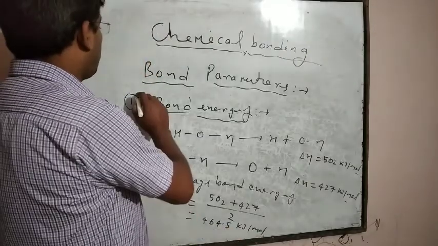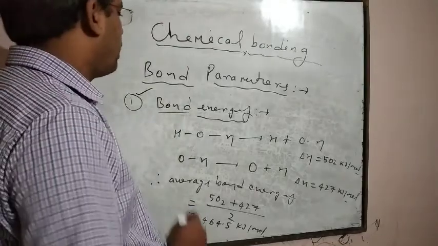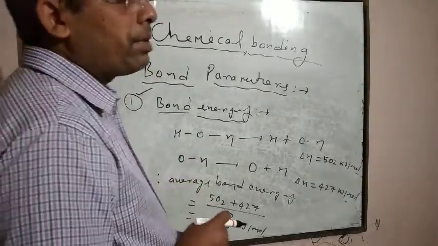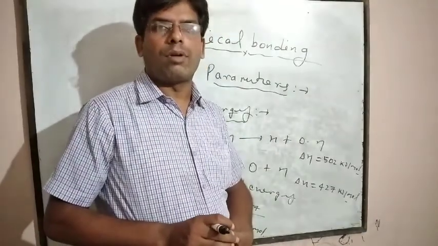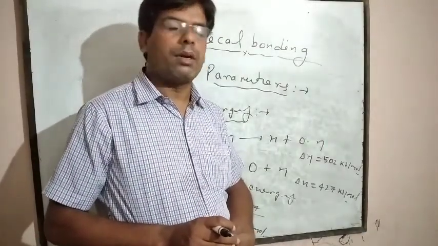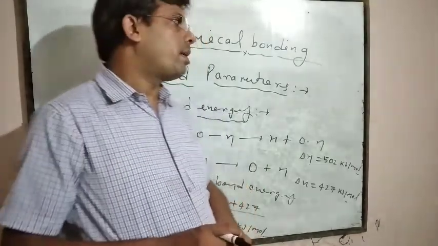So this is about bond energy. You should always keep in mind that bond energy is defined as the amount of energy which is required to break a bond of a molecule or compound.